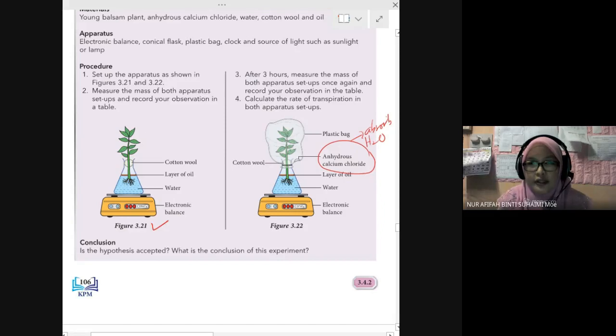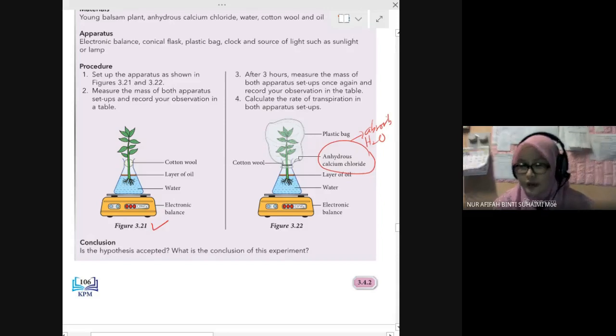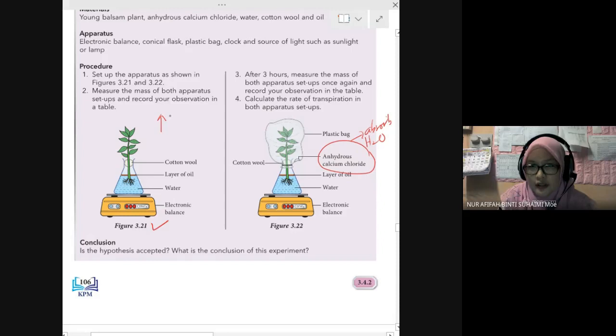The humid one is this one, exposed to the surrounding air. More humid, got air surrounding. This one has no air, already absorbed by the anhydrous calcium chloride. So in this one the humidity will increase. That one is humidity. I asked about humidity. Humidity increase.